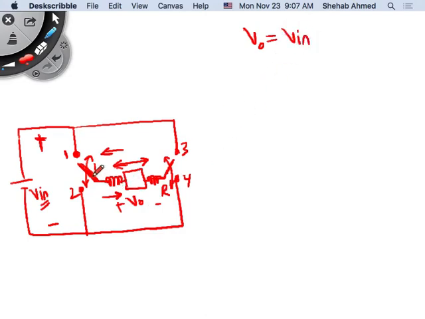So if I have this arm connected to point 1, this arm connected to point 4, I've taken this load and placed it across V input. How about if I take this arm connected to point 2, take this arm connected to point 3? What is V output equal to? Is it V input or minus V input?